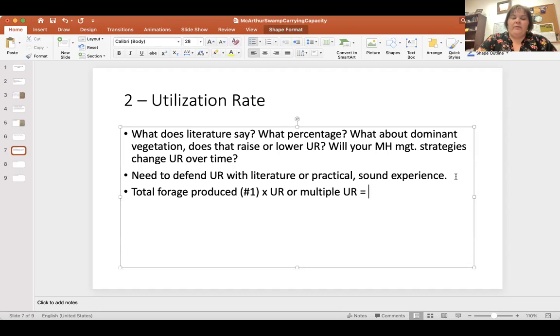And that will give you total available forage. Let's do total grazable forage, so we aren't getting confused. All right, and so that becomes the goal for step number 2.